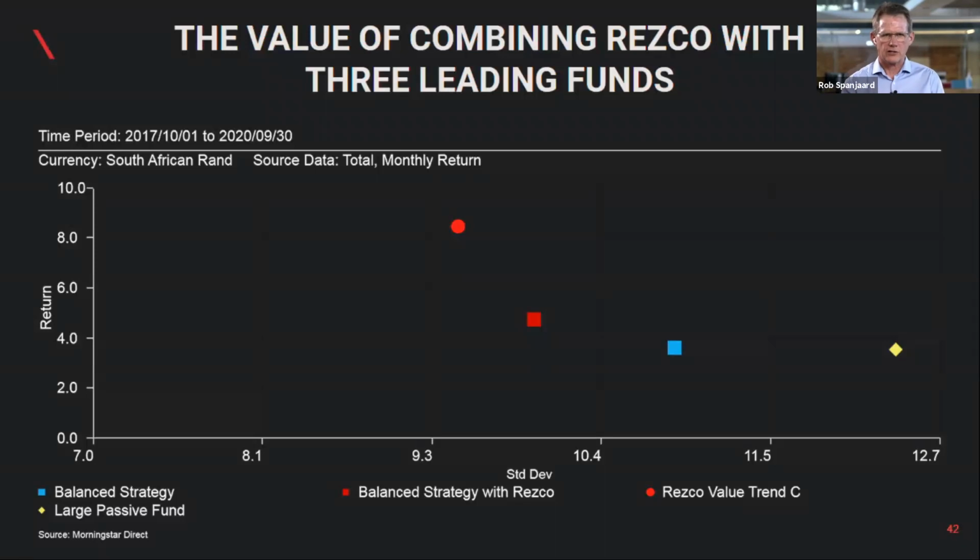So if you take a third in the blue dots, move it to 25%, and add Rezco, you get a noticeable drop in risk stats and an improvement in performance. That's what Brian was saying earlier, we combine really nicely with those funds.